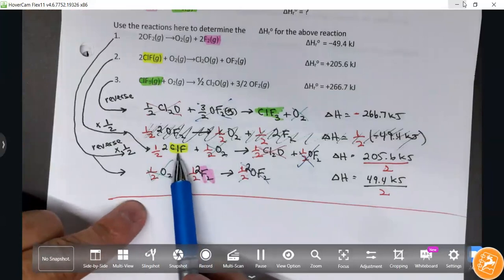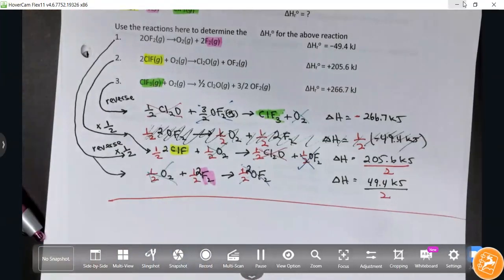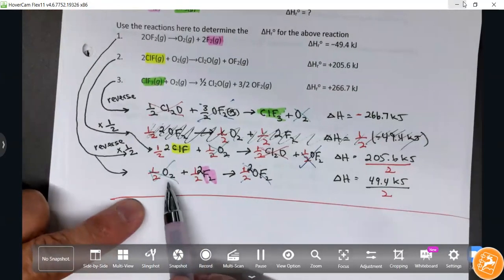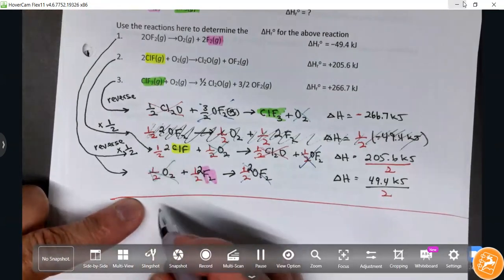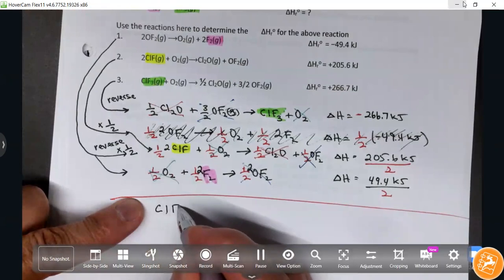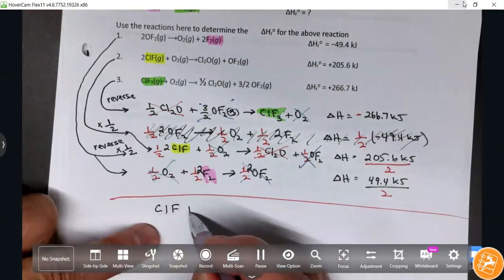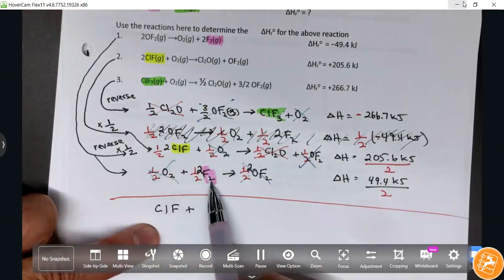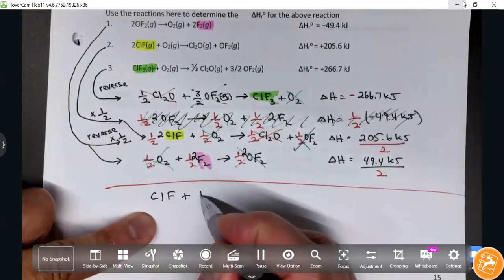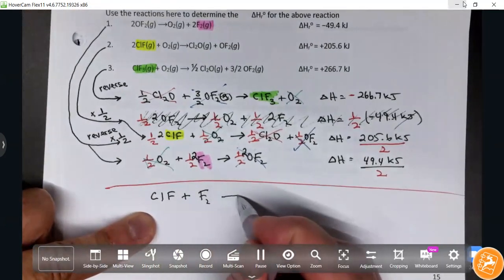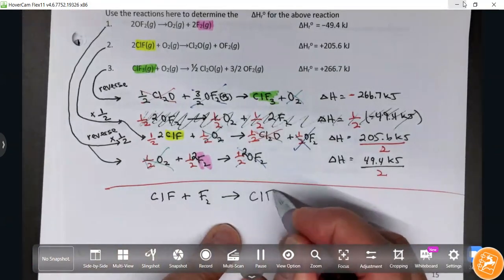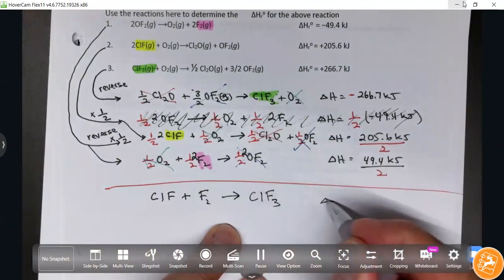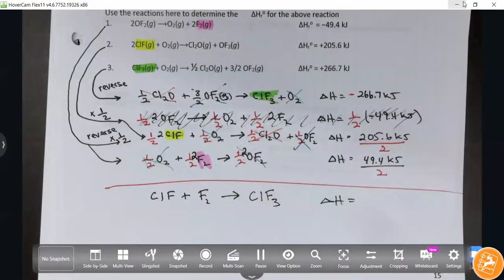So I have a ClF here, which is what I want. So here's what's left on this side. ClF plus an F2 right here. And ClF3. And if we add everything up, what do we get?